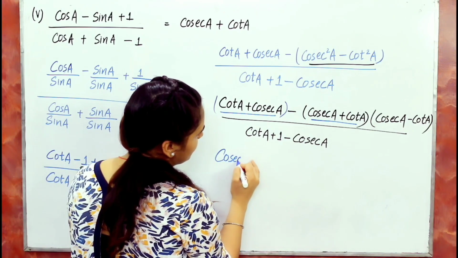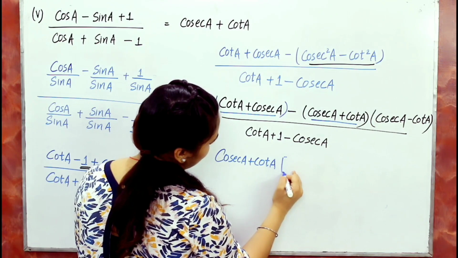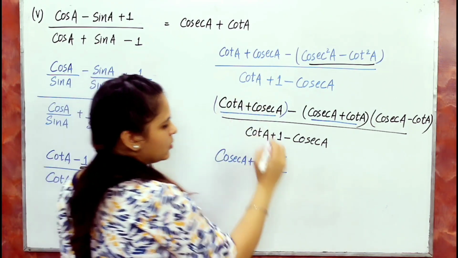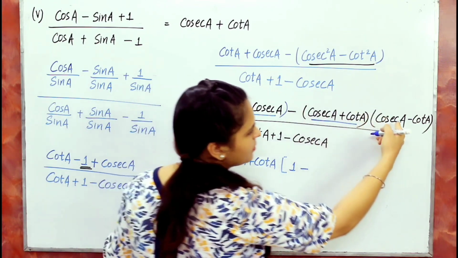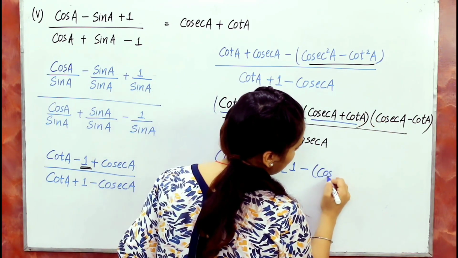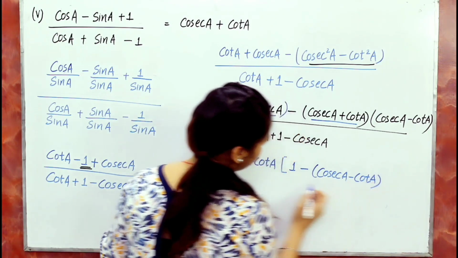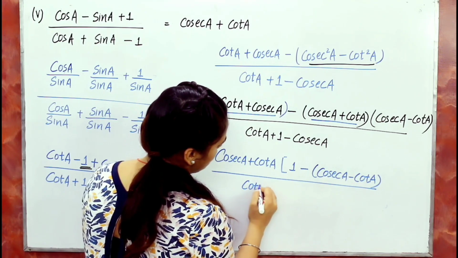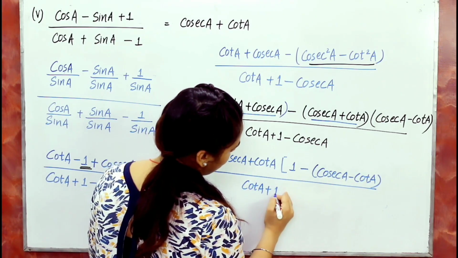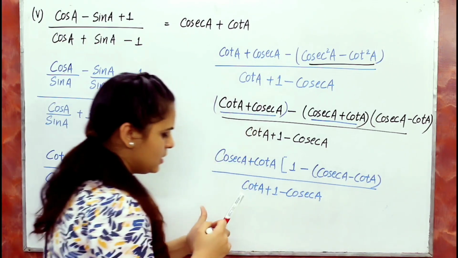So this will be (cosec A plus cot A) in brackets, you have taken this common, so you'll get 1, and from this side you will get cosec A minus cot A, and in the denominator cot A plus 1 minus cosec A.